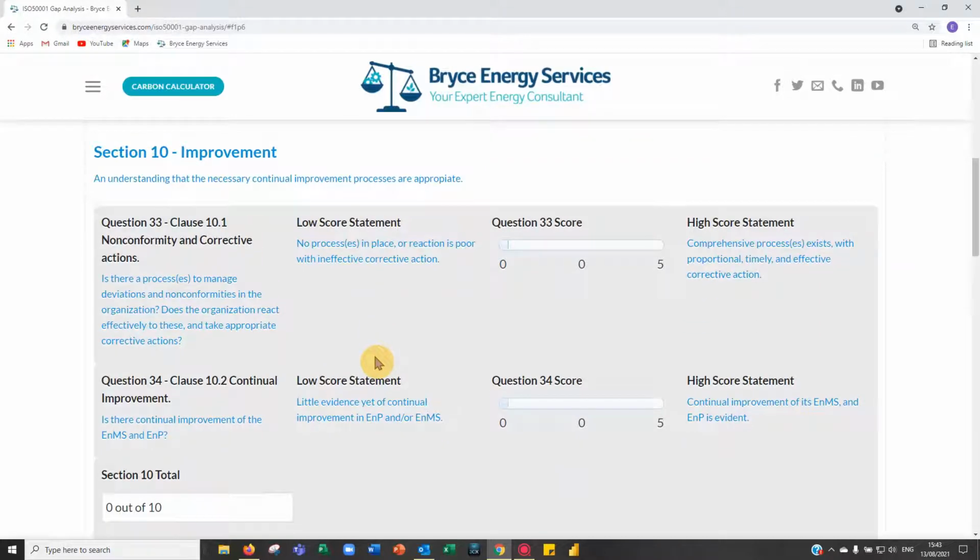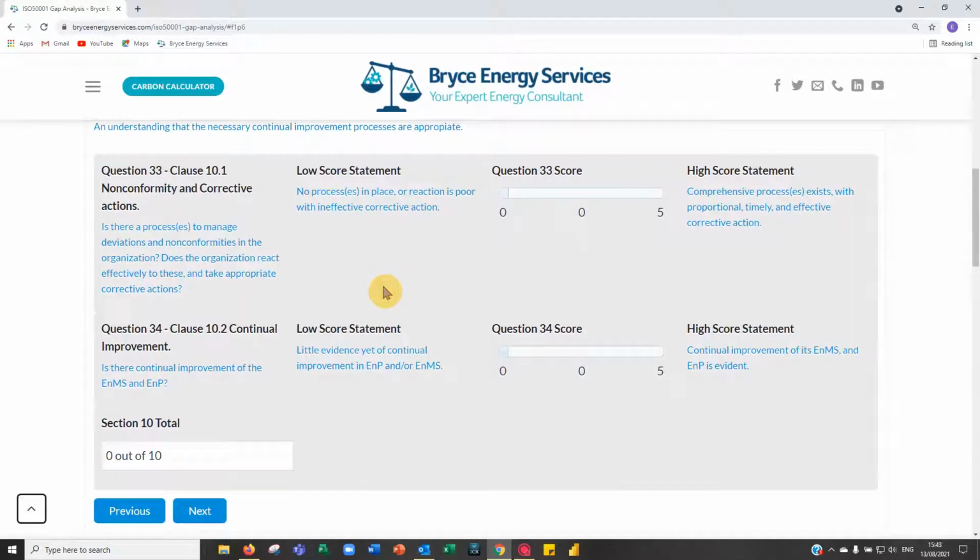Finally, last section of the standard, section 10, improvement, and understanding that the necessary continual improvement processes are appropriate. So this is the final step in the plan, check, do, act cycle. So are there processes to manage deviations and non-conformances?